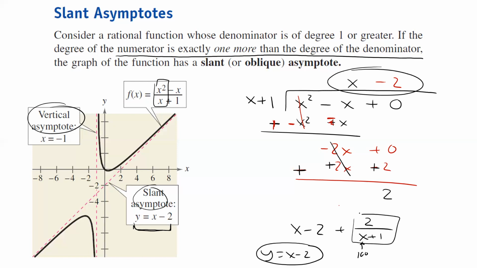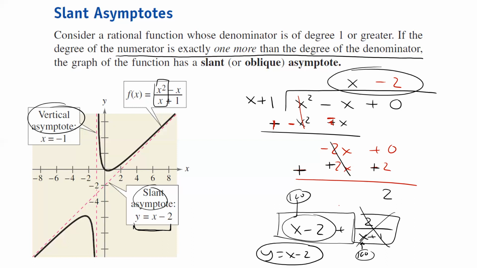This whole piece, this whole number, pretty big or pretty small? It's small, right? It's 2 over 101. So it doesn't really affect this whole equation. Like if that's 100 there, and that's 100 there, this affects our equation. That is not affecting our equation whatsoever.